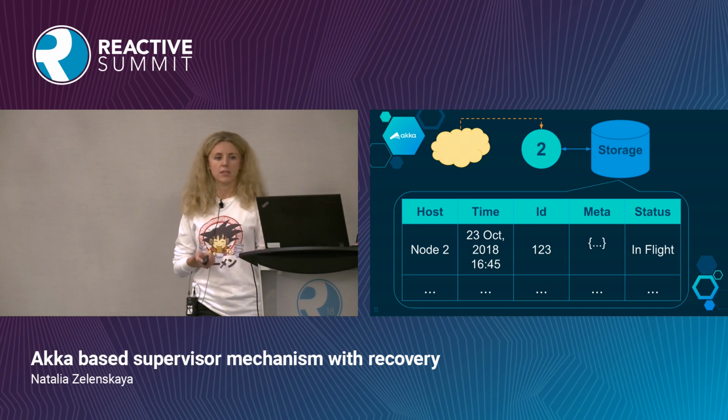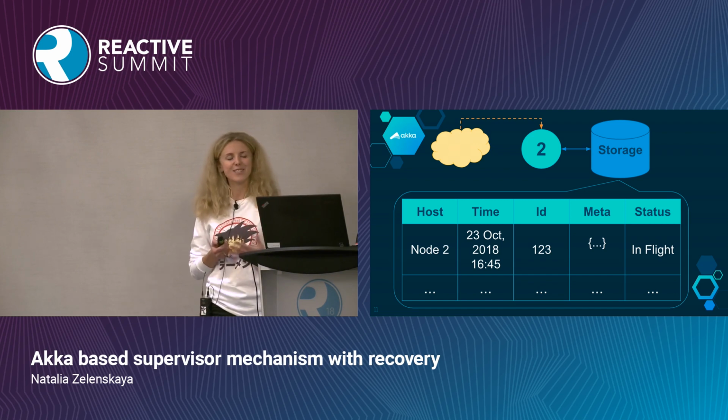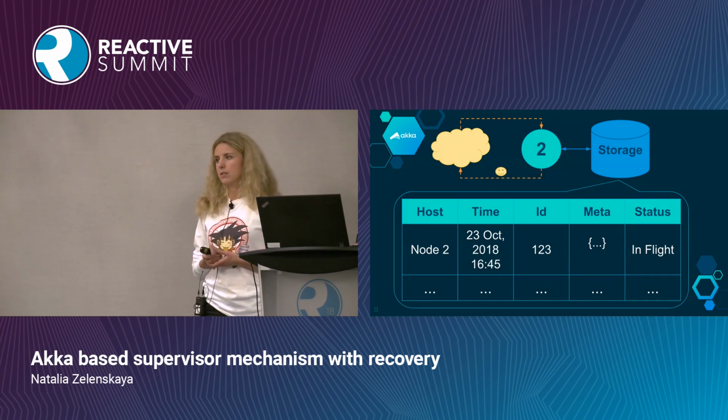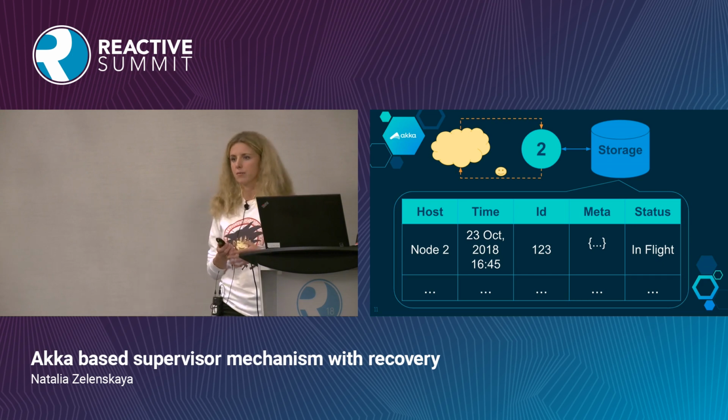In this example, we're just acknowledging the receipt of a new order. We persist it with the status in flight. And only when the record is successfully persisted in the storage, we're going to reply back to the upstream service saying that we have handled the request and it's under supervision. Otherwise, if there was an exception, the upstream service is going to retry again.